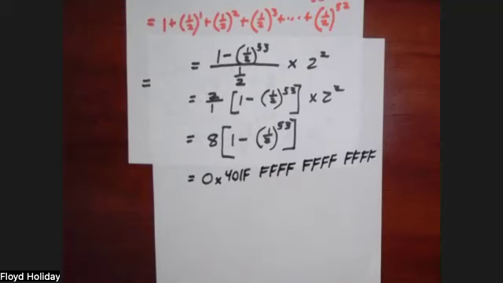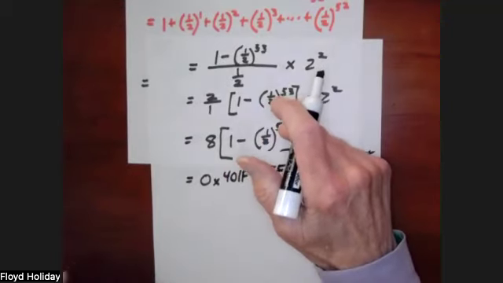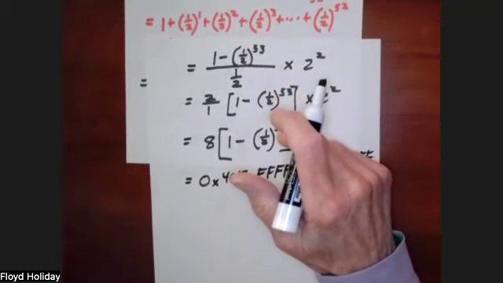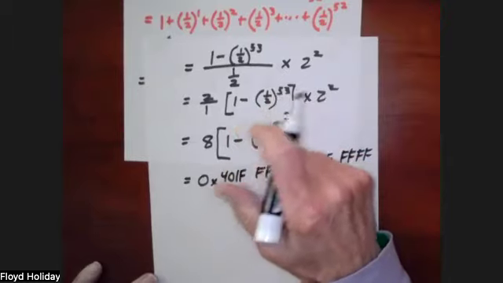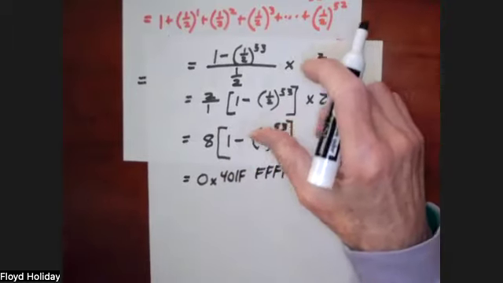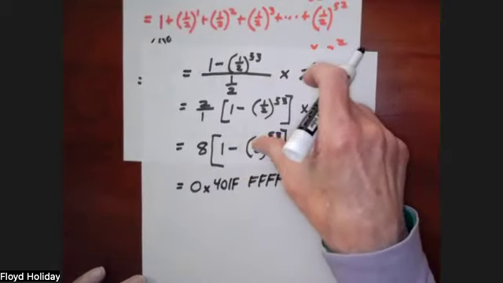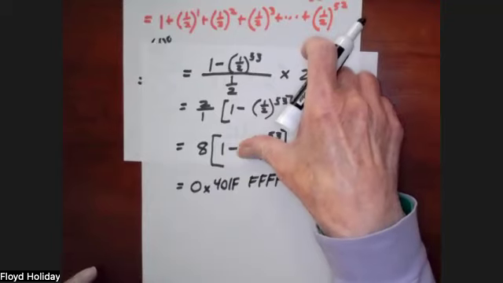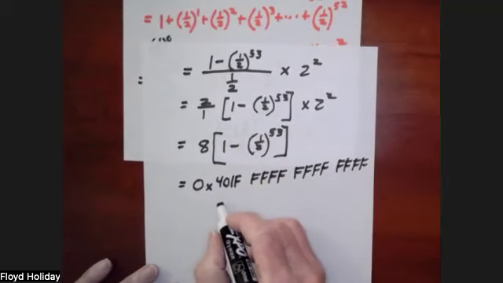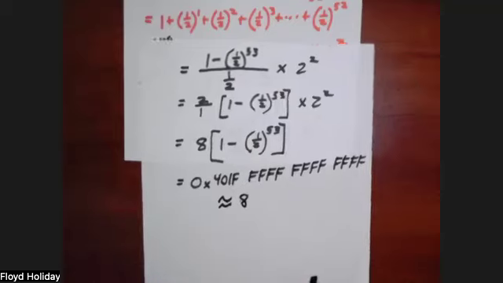But this fraction raised to that gigantic exponent makes this value very, very close to 0. It's not 0, and this is true accuracy. But if you just rounded it off by covering that up, it says the number that we started with is pretty close to 8. What do you think of that?